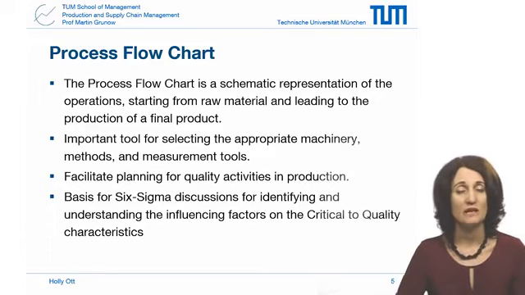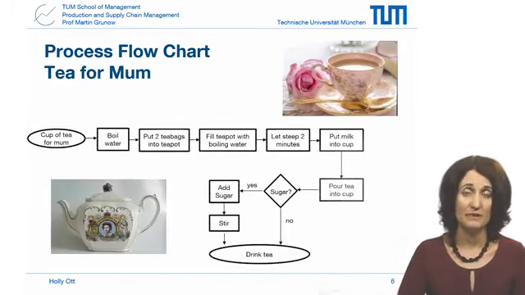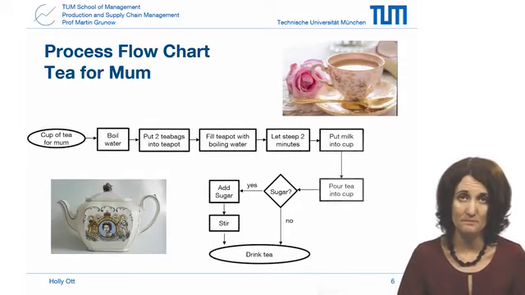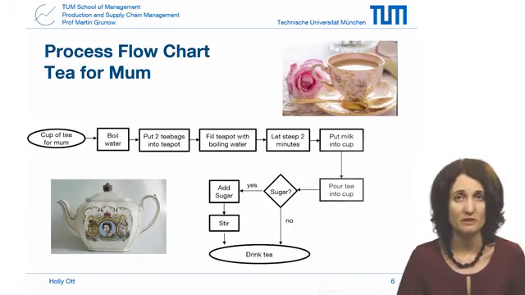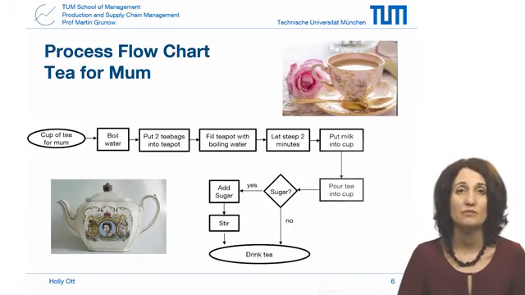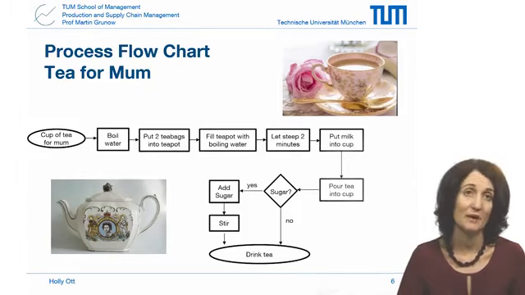And here we just have in the rest of the lecture a few examples. So, in making a cup of tea for Mom, who is English, you first of all need to boil the water. You need to put 2 tea bags into the teapot. She likes strong tea. Fill the teapot with the boiling water and let steep for a few minutes. Then importantly, you need to pour the milk into the cup.